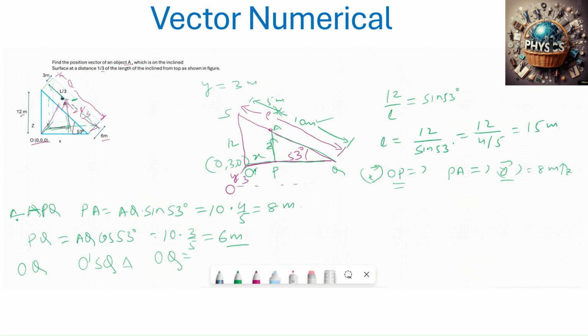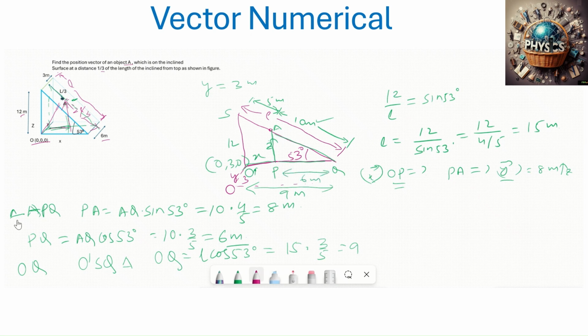OQ is equal to nothing but this SQ is L into cos 53 degree, correct? OQ is L cos 53 degree, and L is 15 already we know. So 15 into cos 53 degree, which is 3 by 5. So we get 9 meter, and PQ already we got as 6 meter.